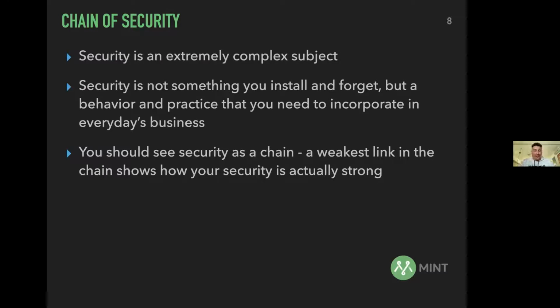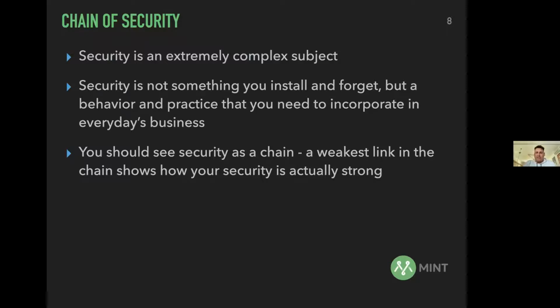However, if you're living in a house and your windows are open, having $10,000 worth of doors and locks is not going to help you, because there is a back window that can actually be used to breach your home. So security is not one tool that you use and it resolves your issues.